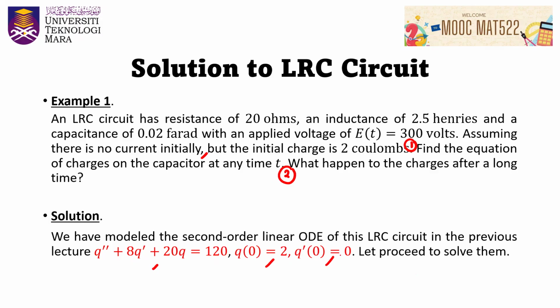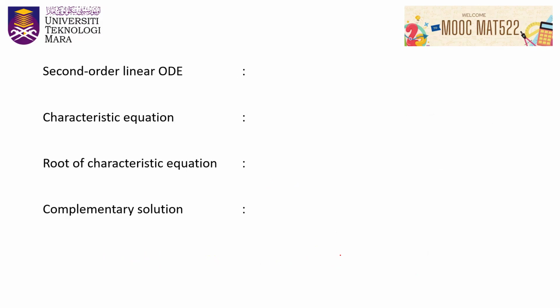Now, let's proceed to solve this problem. Again, given the second-order linear differential equation, Q'' plus 8Q' plus 20Q equals 120. Clearly, this is a non-homogeneous differential equation.